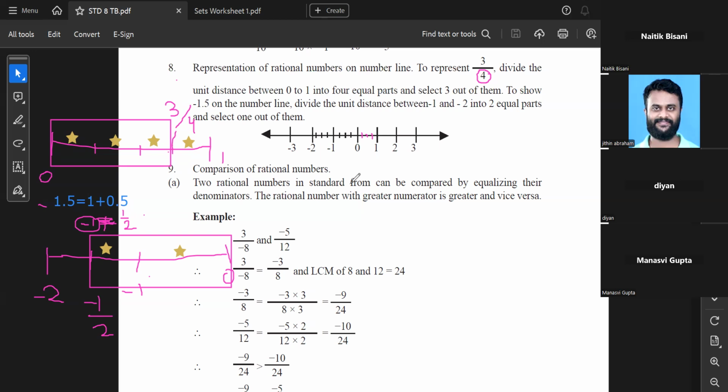Because I know only one. Suppose it was one whole minus 1/2, then I can convert. But how to convert when the whole number and the numerator both are negative? For example, this minus 1.5 case, right? Yes, -1, 1 by -2. So how to convert?